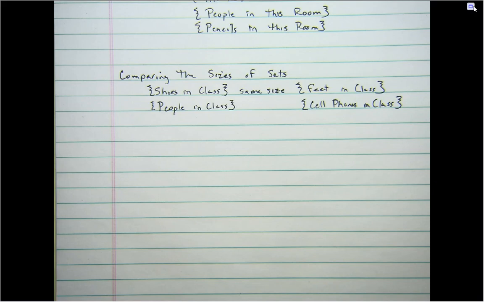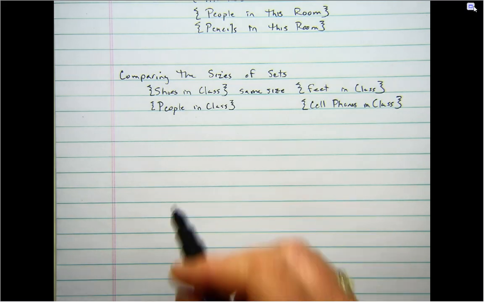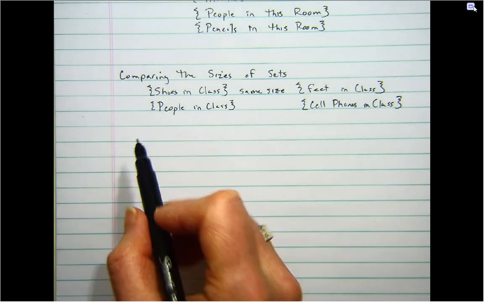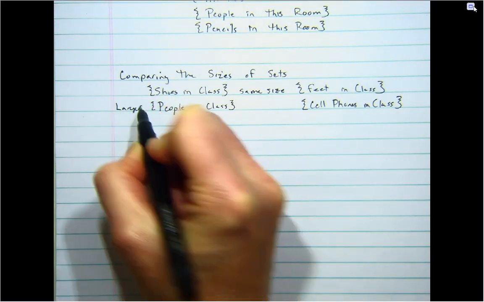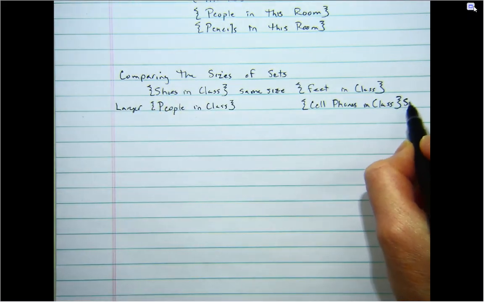But maybe somebody else has more than one phone. Sometimes people have an extra phone, maybe for work or something. Does anybody have more than one phone? No. Nobody brought more than one phone. So since I don't have a phone, then we can say that the set of people in the class is larger than the set of cell phones in the class.